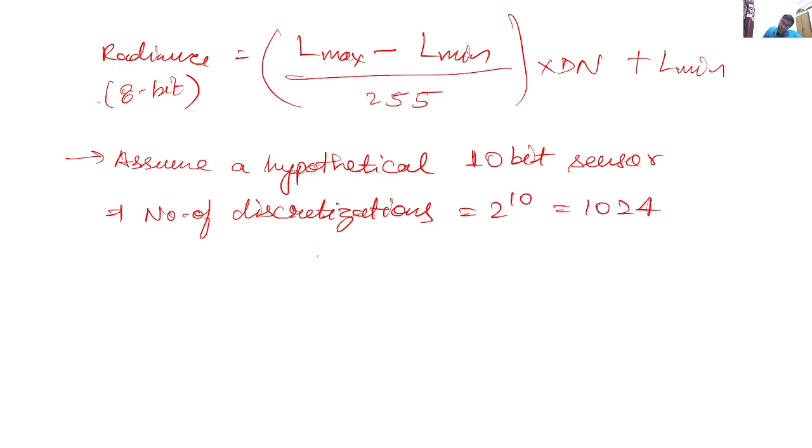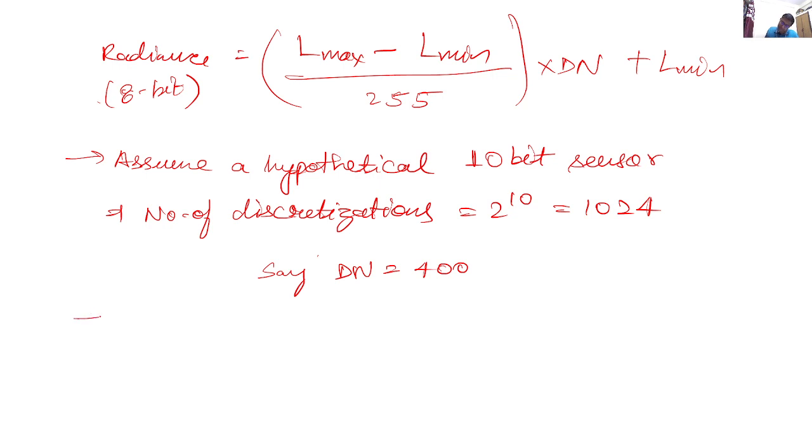Let's say we are finding the radiance corresponding to digital number 400. Digital numbers can vary from 0 to 1023 in a 10-bit setup.